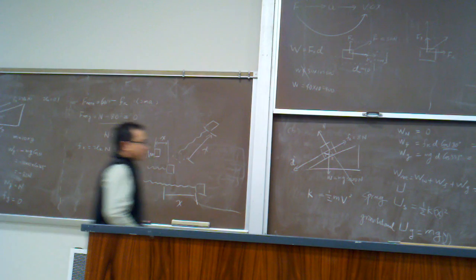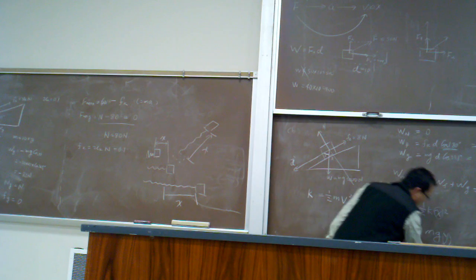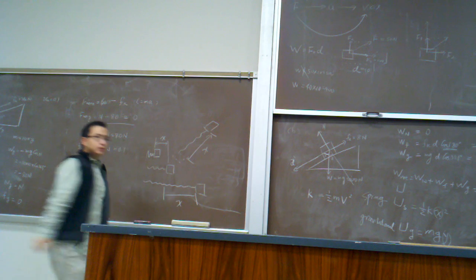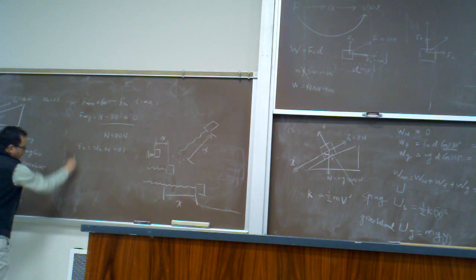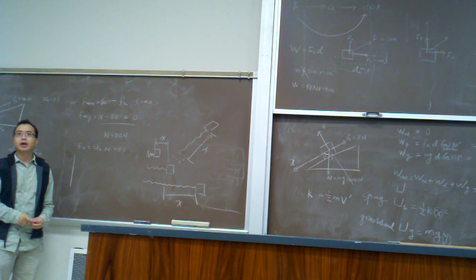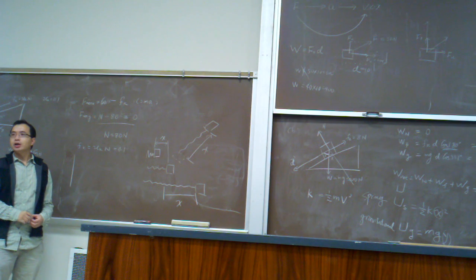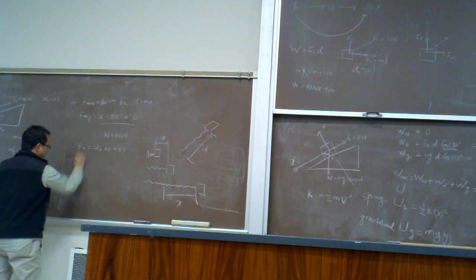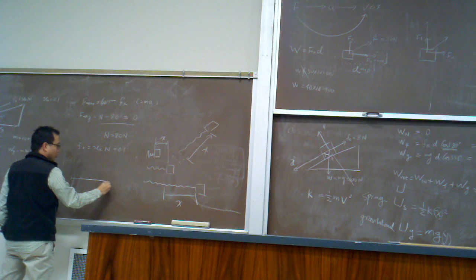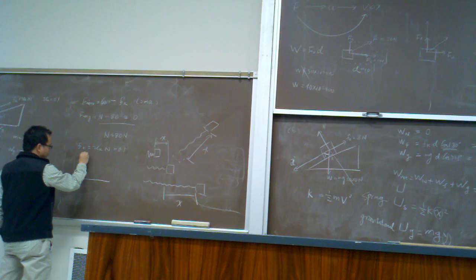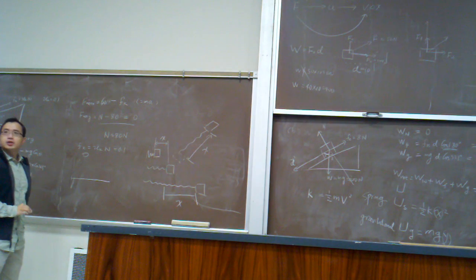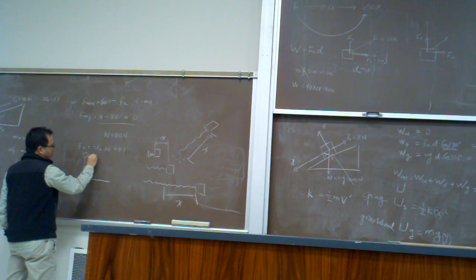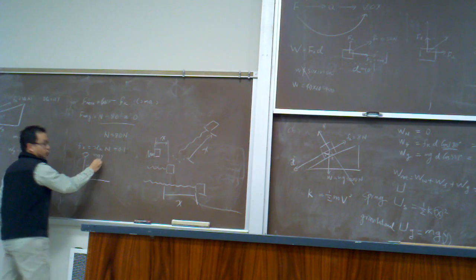Now for gravitational potential energy, this y is different. This y is always the vertical distance, the vertical height measured from some point. So for example, this is the ground. If some object is here and the height from the ground is y, then the gravitational potential energy is mgy.